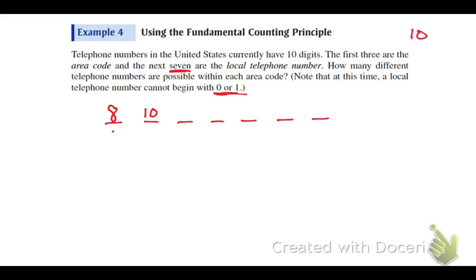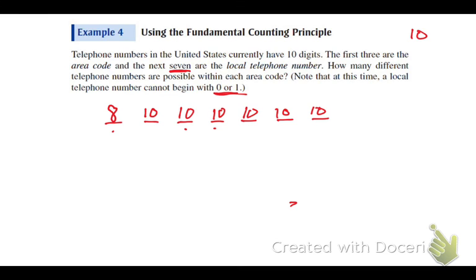It says different, but I don't think that would mean you have to use a different number each time in this situation. You're correct. You can use the same one you just used, definitely, like in real telephone numbers. So how many digits do I have here? 10, 10, 10, 10, 10, 10, 10, because it doesn't say anything about 0 or 1 after that, correct?